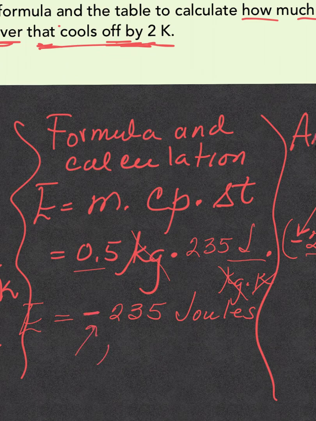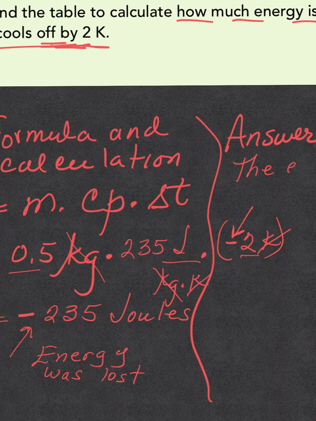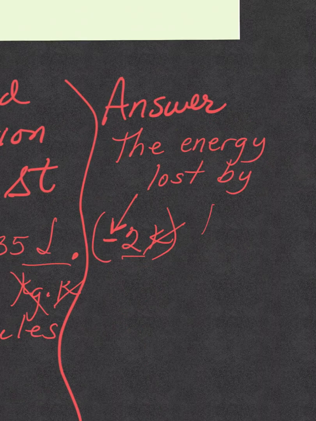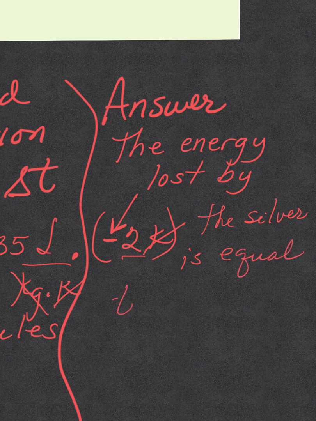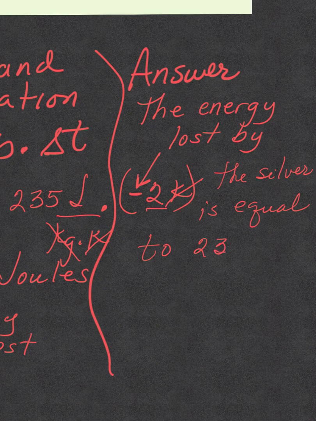That means that the energy was lost. The energy lost by the silver is equal to, if you don't want to put the negative sign, you don't have to, and that's correct too, because when you say lost, you know that the number is going to be negative.